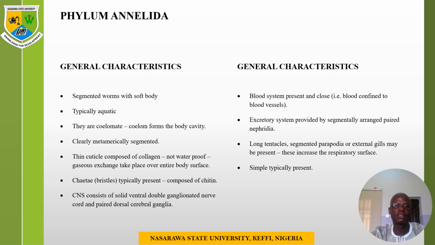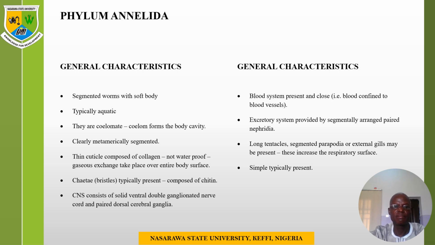They are clearly metamerically segmented, that is, the body is segmented. They have a thin cuticle, which is composed of collagen, but it is not waterproof. Gaseous exchange takes place over the entire body surface. The chaetae, that is the bristles, are typically present, and they are composed of chitin.